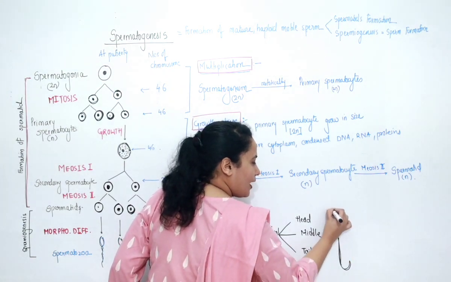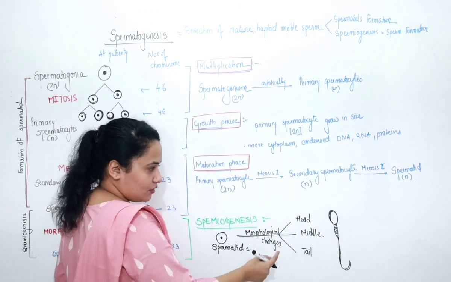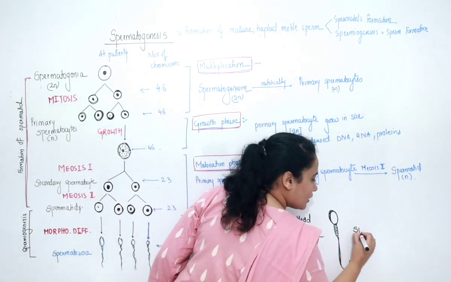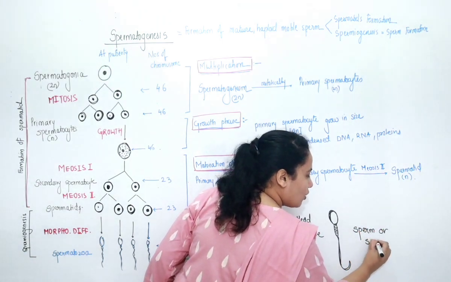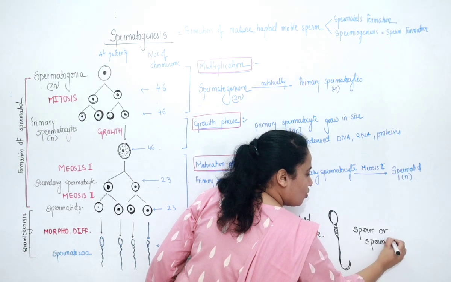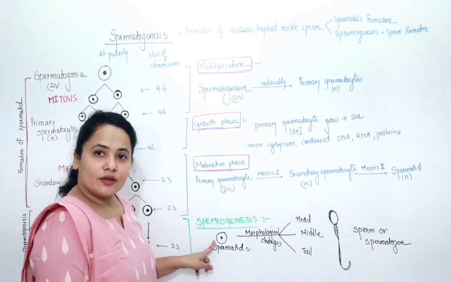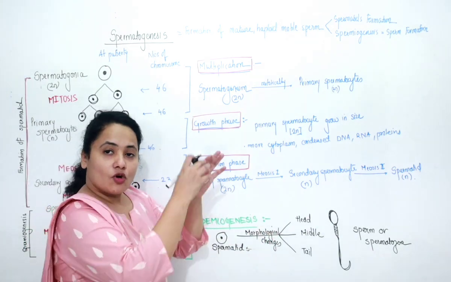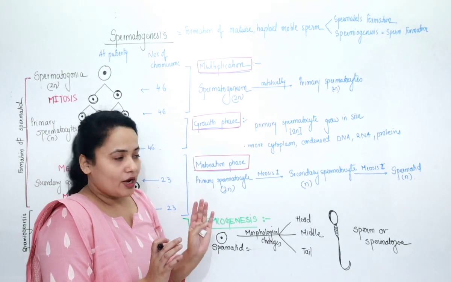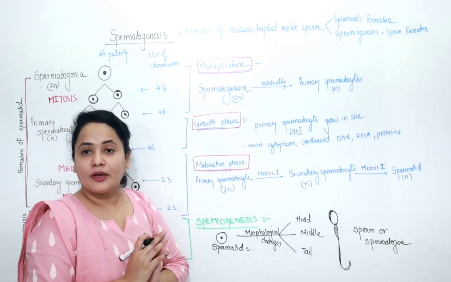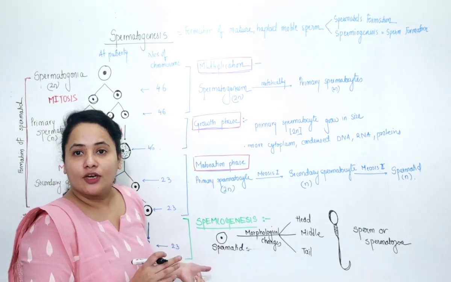So this is how you get a sperm, or it can also be called spermatozoa. So one single cell is forming a whole structure. It is changing its shape and size and everything, and it is getting converted into a mature sperm. So this process is known as spermiogenesis.